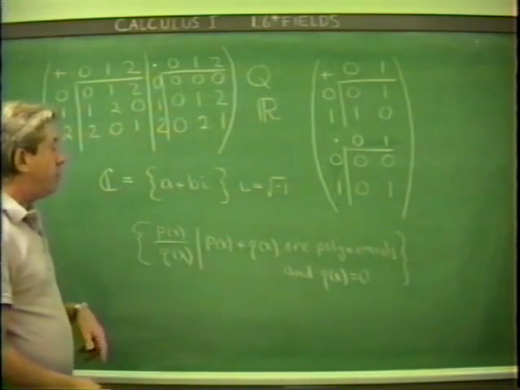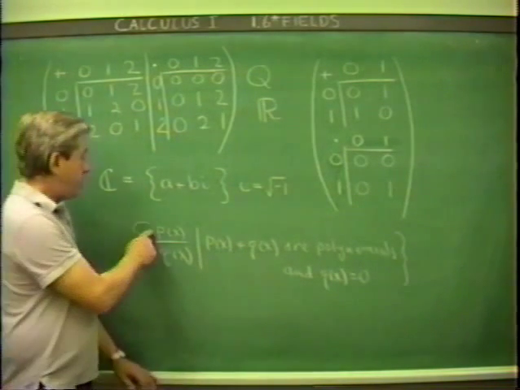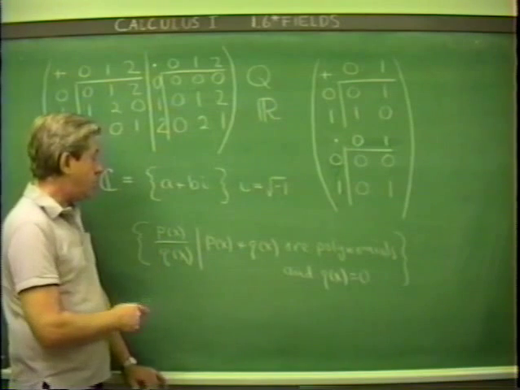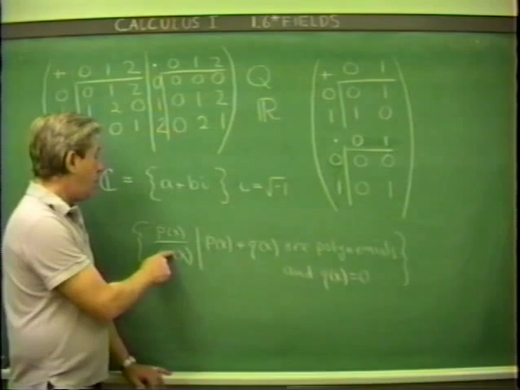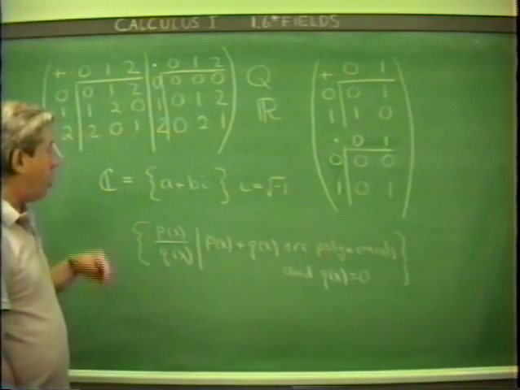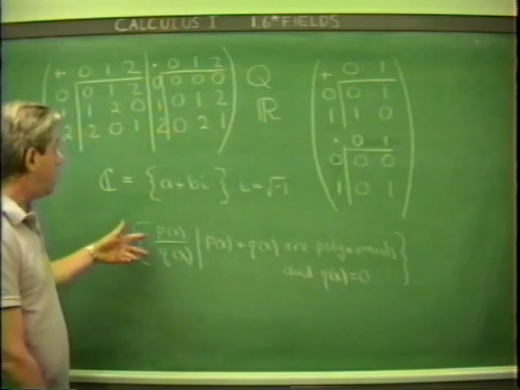That's to say, it's not the 0 polynomial. Then you can show that you have addition, subtraction, multiplication, and division here. These result in functions which are perhaps not defined at a finite number of points, but that's no great problem.